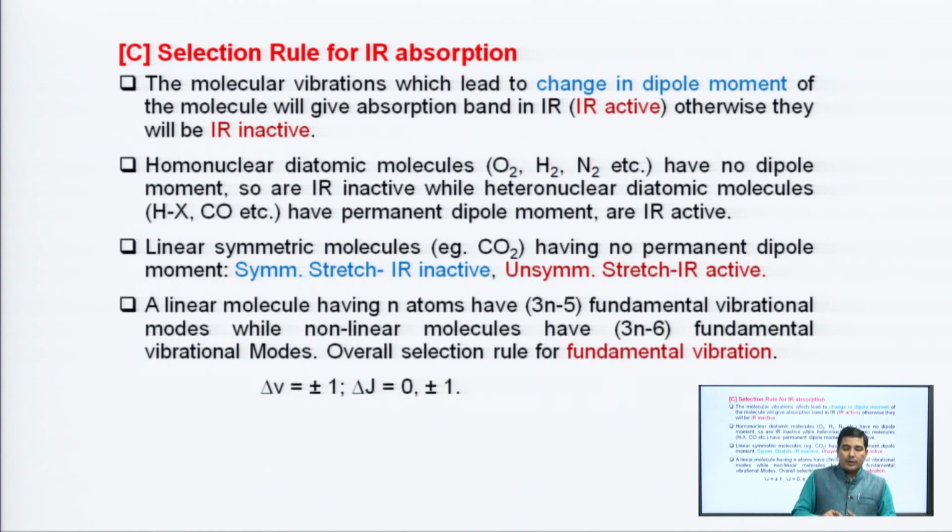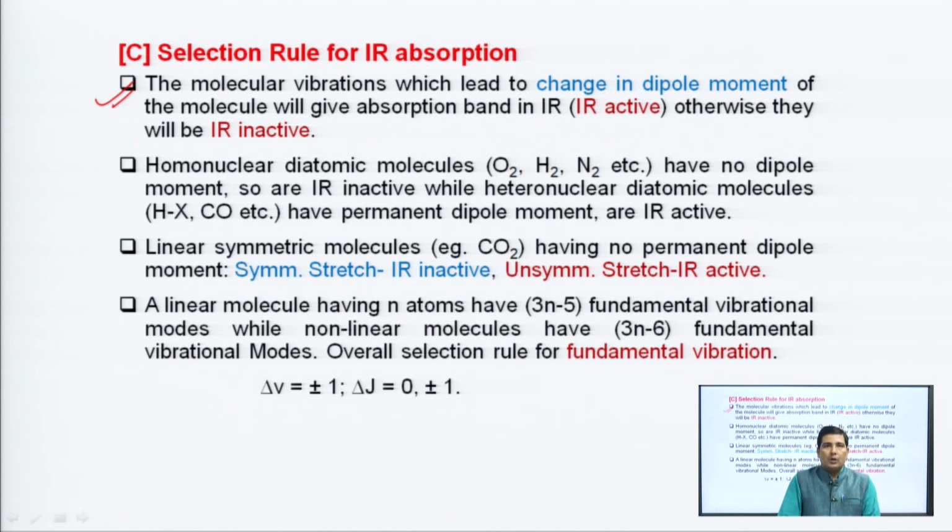This is the prime condition, otherwise they will be IR inactive. So, the first point: which type of molecules will be IR active? The molecular vibrations which lead to change in dipole moment of the molecule will give absorption in the IR region, otherwise they will be IR inactive.